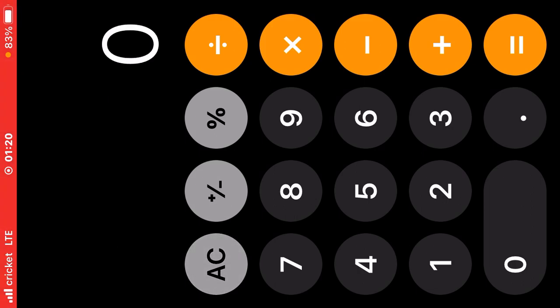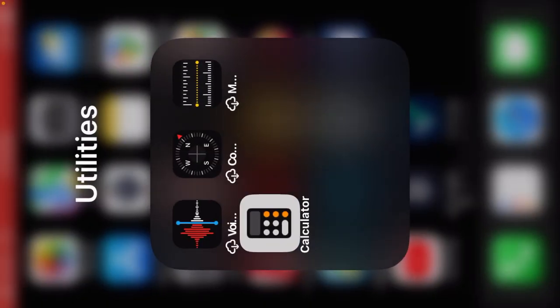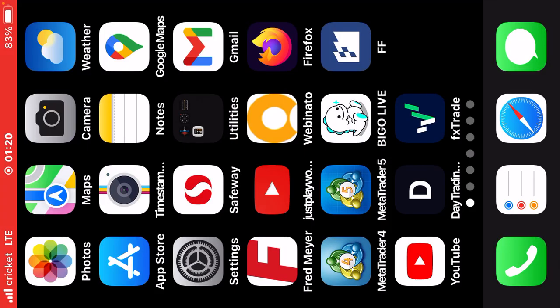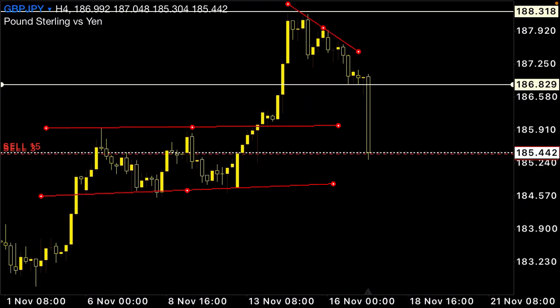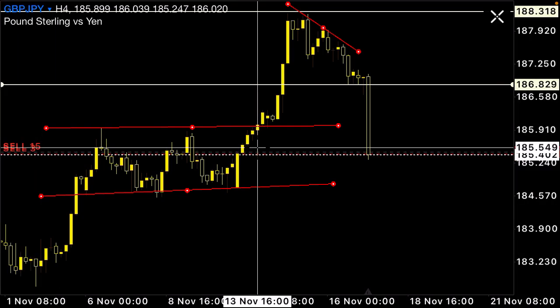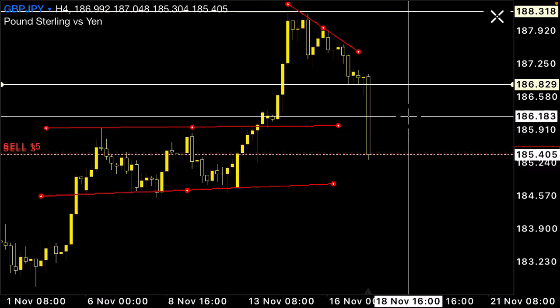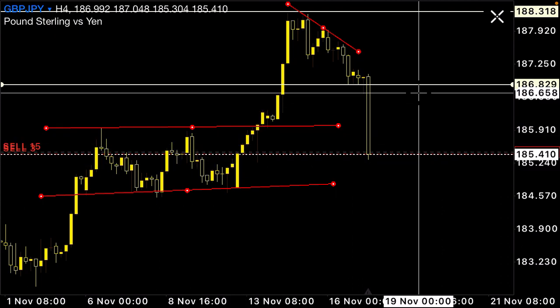But usually the way traders trade is they would much rather place two small trades, so two 5-cent trades, and then take some profit right in here for the first 20 pips.